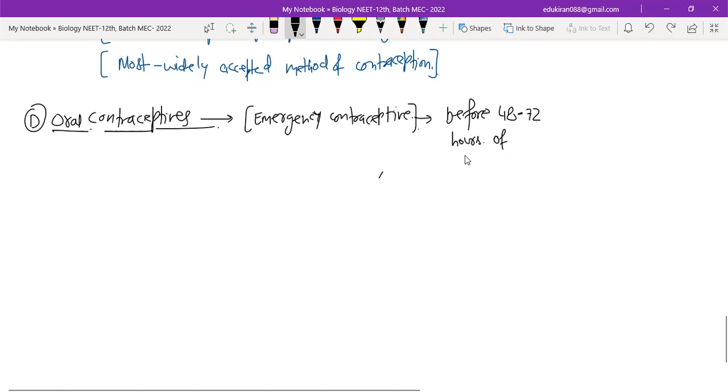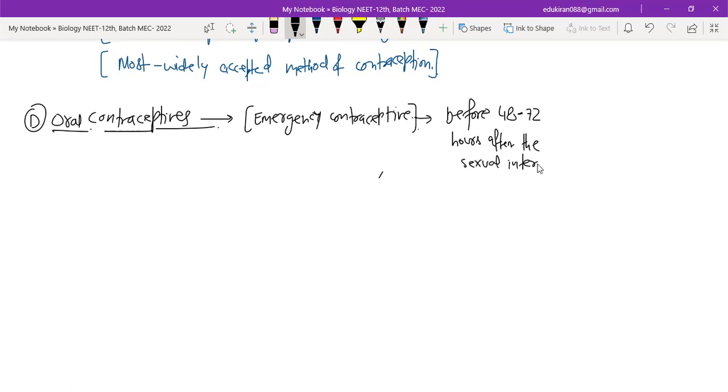This is the only method that can be used as an emergency. So if a couple could not plan or did not have a contraceptive in place, and they underwent unprotected sexual intercourse, it's not like they cannot do anything now. Females can still take the emergency contraceptive within 48 to 72 hours after the sexual intercourse. Is it clear?